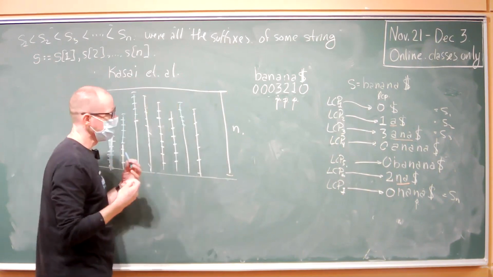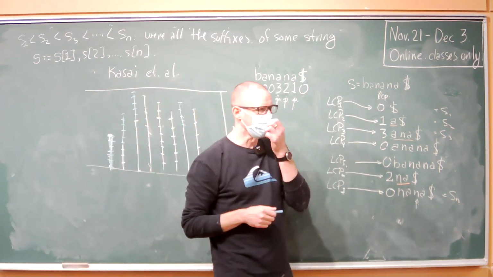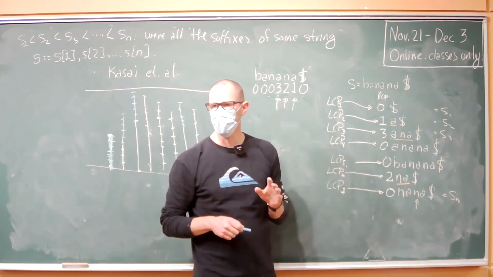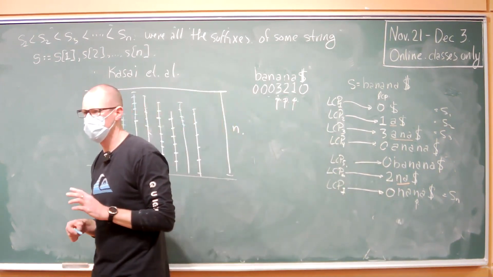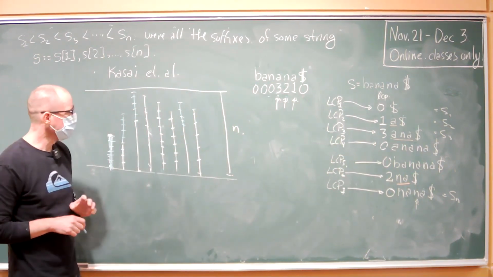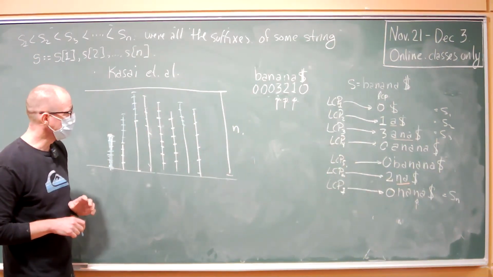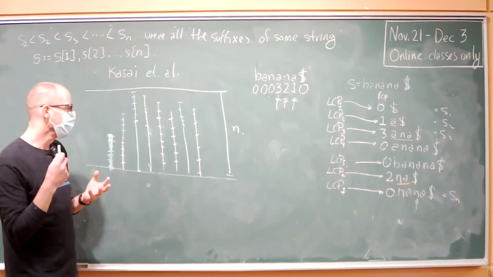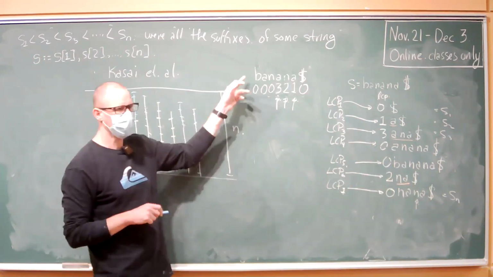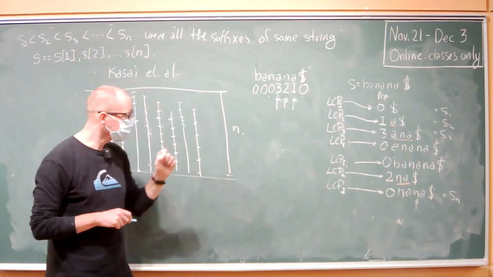So it sounds complicated, and there's a lot to get your head around what we're doing here. But literally, the thing is like 6 lines of C++ code. It's quite simple and very efficient. You just need the rank array, the suffix array, and you're constructing the LCP array.